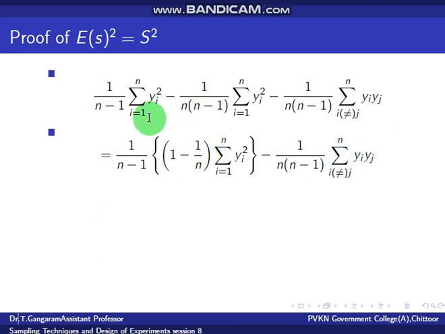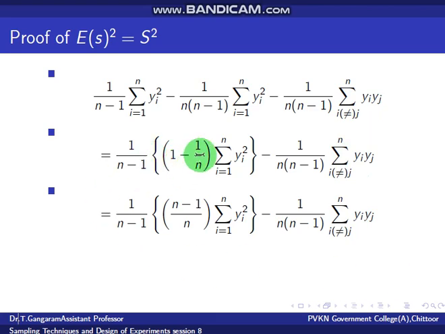This is the common term in the first two terms, so we take it common. 1 by n minus 1 into 1 minus 1 by n remains, summation yi square.